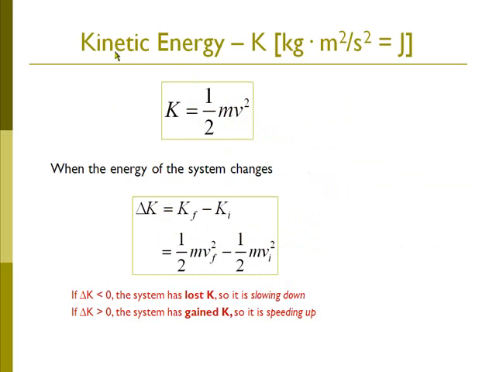Let's begin by introducing kinetic energy, abbreviated by the capital letter K, with the units kilogram times meter squared per second squared. This combination of base units make up a unit which is known as the joule, in honor of James Prescott Joule.